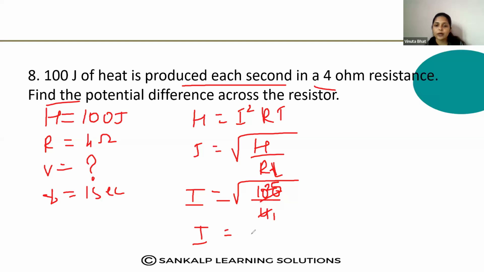The square root of 25 is 5, so I is equal to 5 ampere. That is the value of current flow. Then you have to find out the value of V.